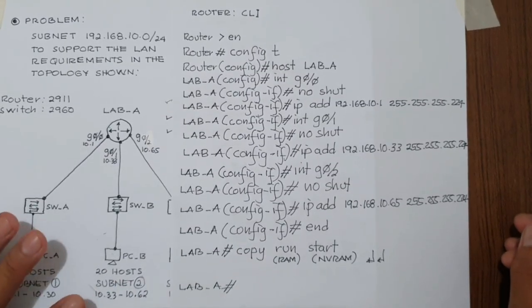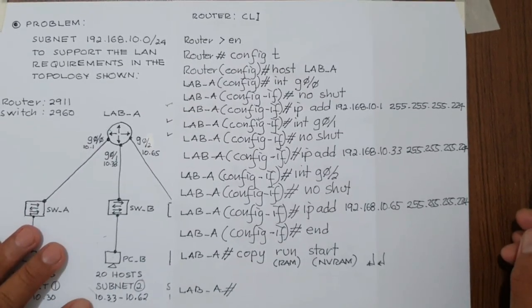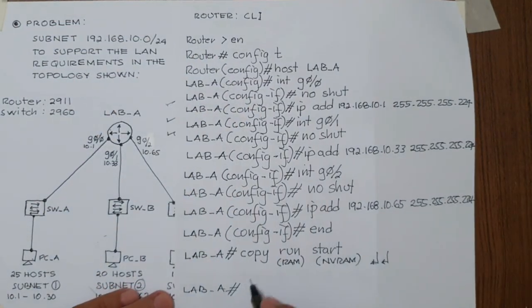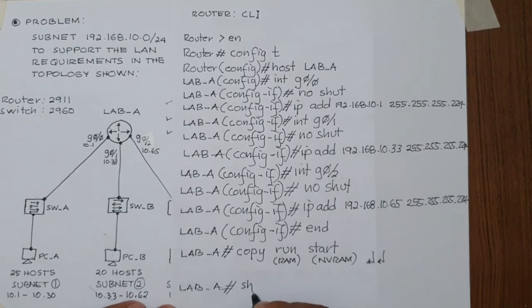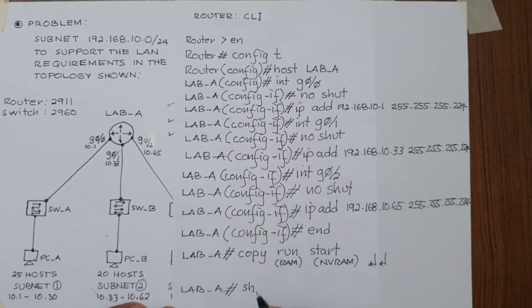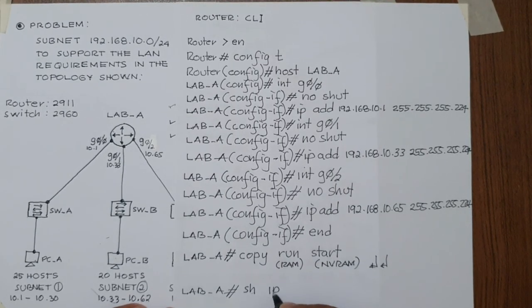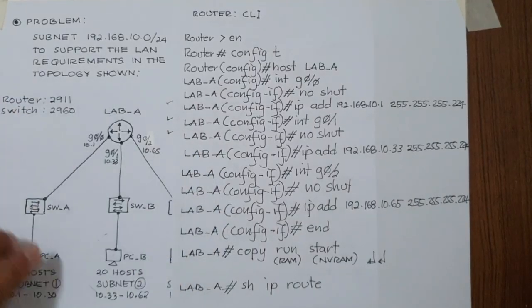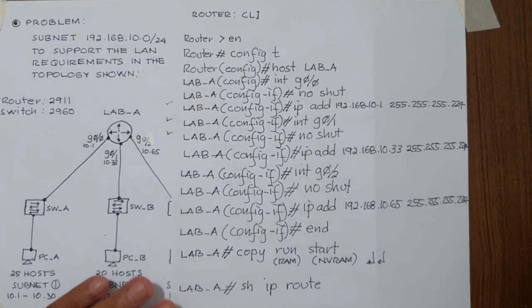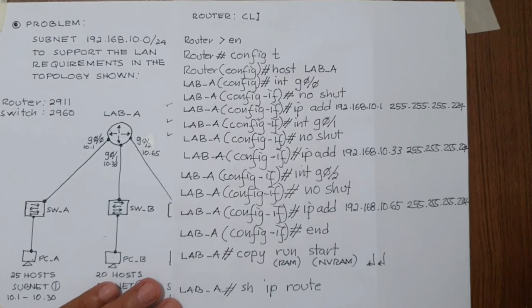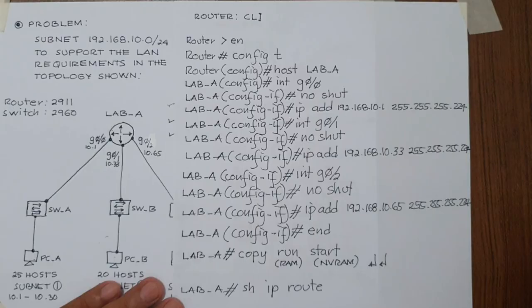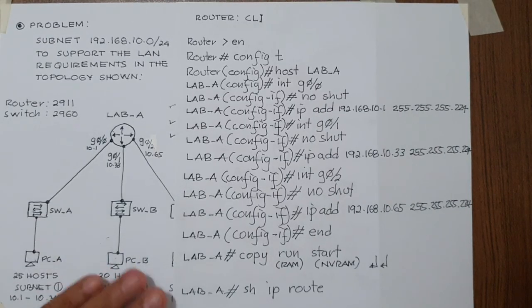Now if you want to check the routing table of the router, if all these networks are already known to the router, you just issue the command show ip route. If you issue this command, you are going to see what is inside the routing table of the router. The routing table is a table that consists of the list of all the networks known to the router.